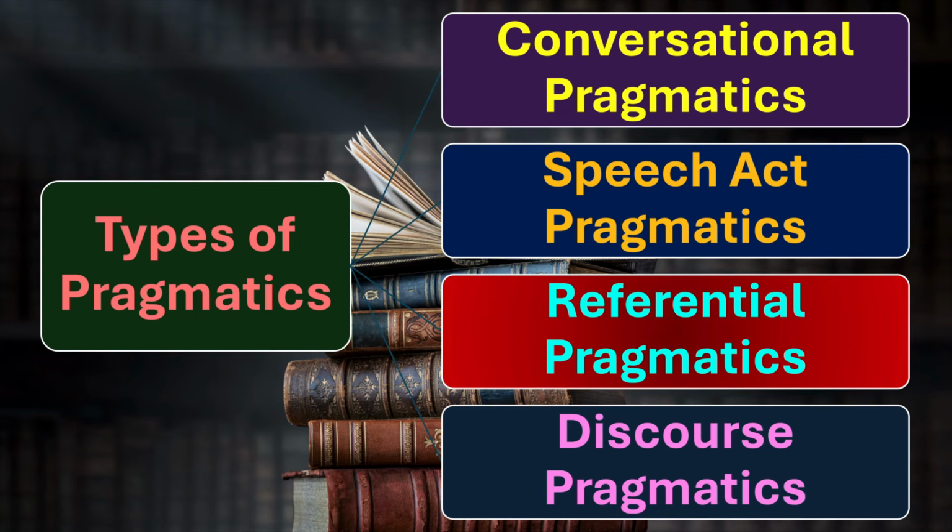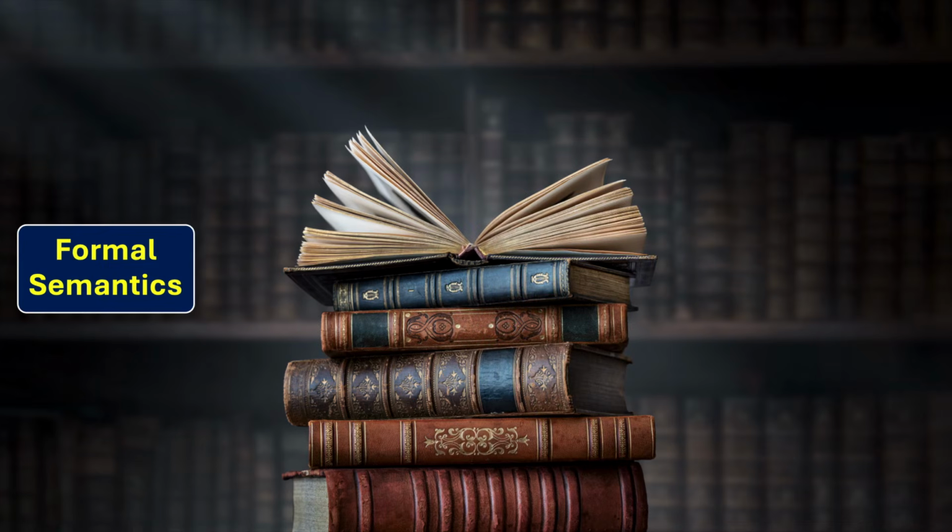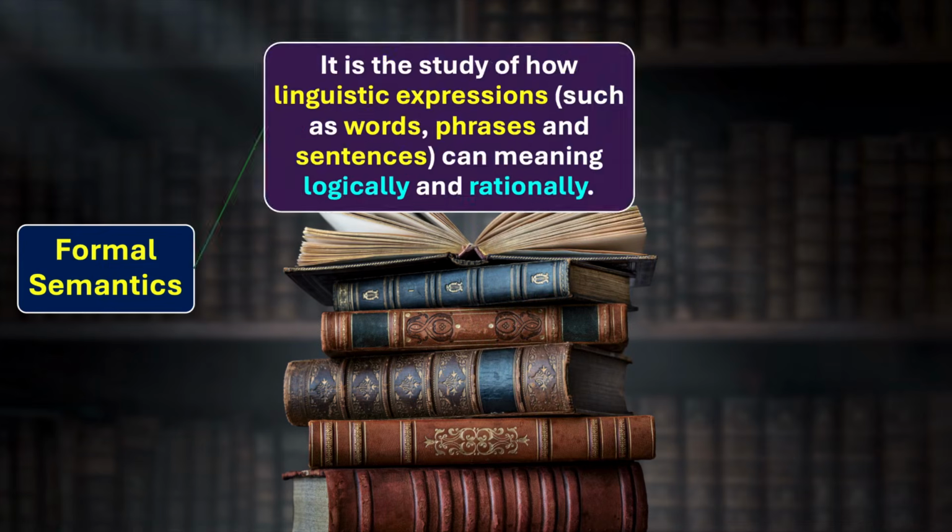Of course, I'm not going to talk about all these types in detail because our topic of discussion is types of semantics. So we move on to the next stage of our discussion, that is formal semantics. What is that? It is the study of how linguistic expressions such as words, phrases, and sentences can mean logically and rationally.